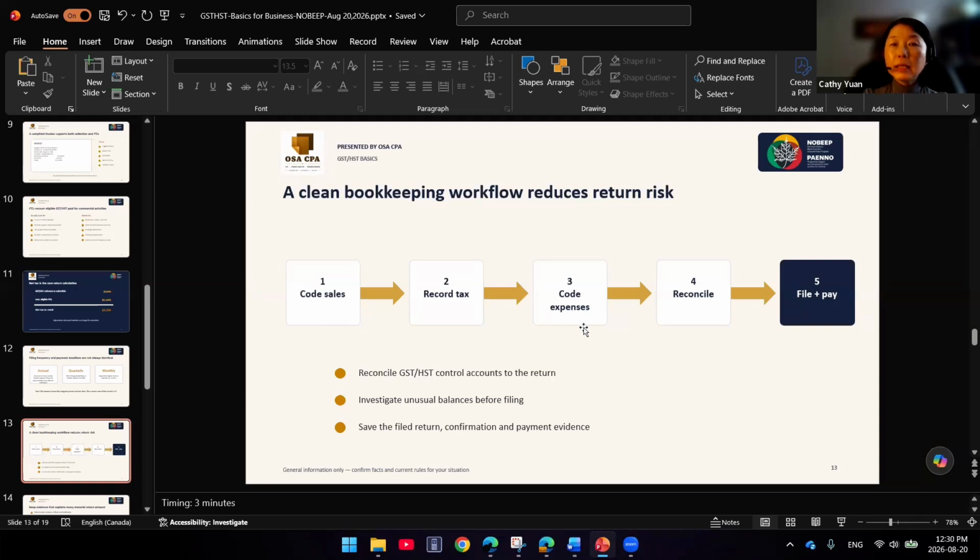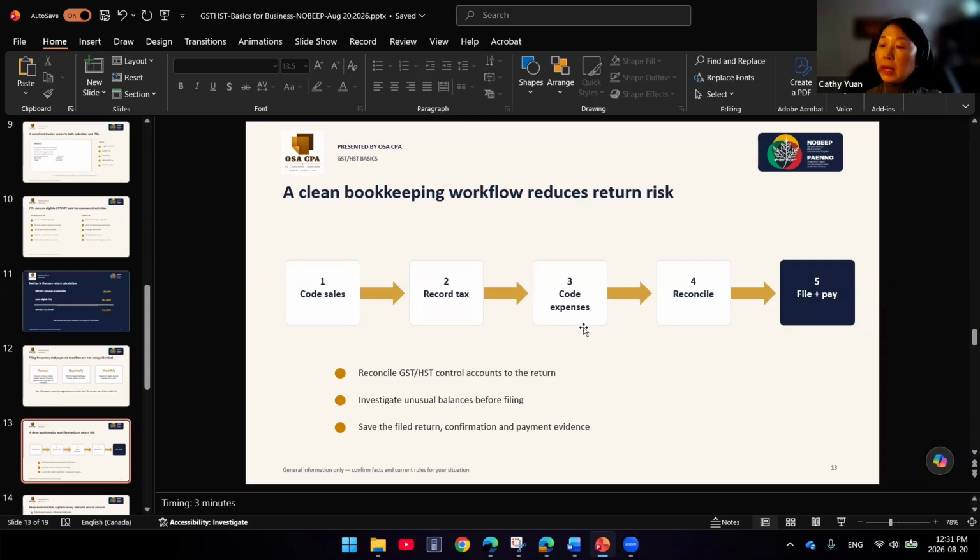So we must have a very clear bookkeeping flow, so we can get everything recorded. It helps us clearly know what kind of expenses we paid for the business. Then we can know how many ITCs we collect. Then we can do a good tax return.